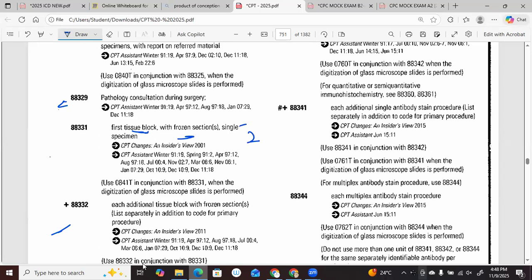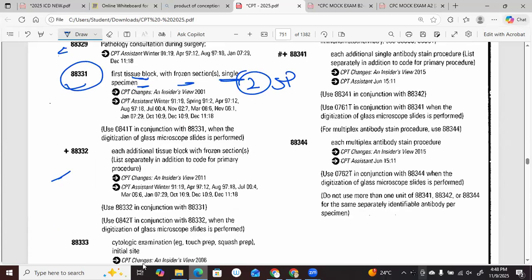If two specimens were taken, we have to use 2 units of 88331 because this is per specimen. And for each additional tissue block per specimen, we have to use 88332. Clear?